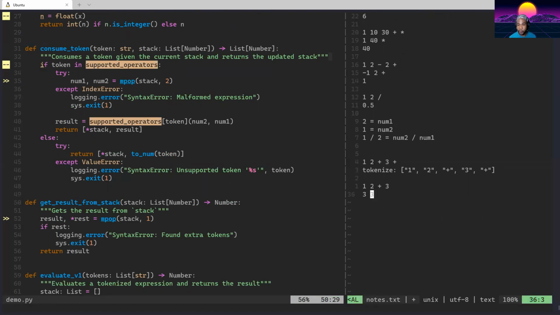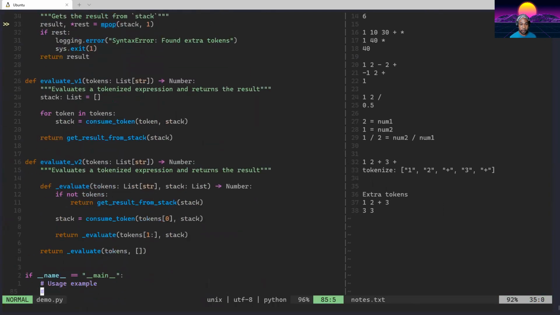At that point, we would be out of tokens, and we would find that we have 2 things on the stack instead of 1. And that's just like, well, we have leftover tokens, right? So that's a problem. It's an example of extra tokens.